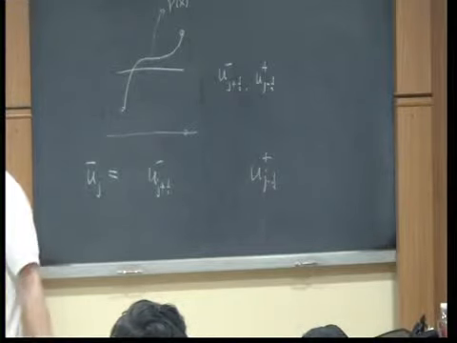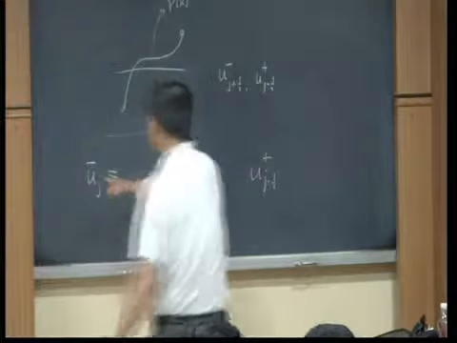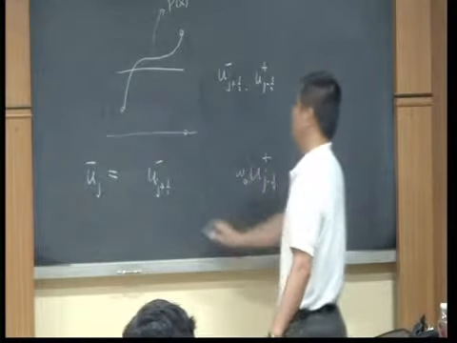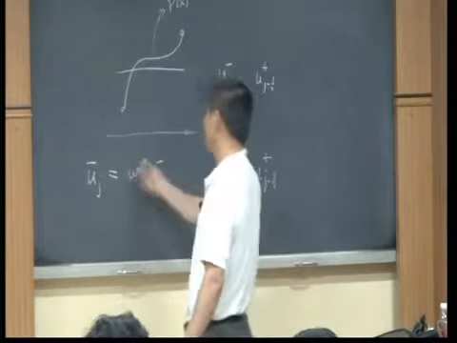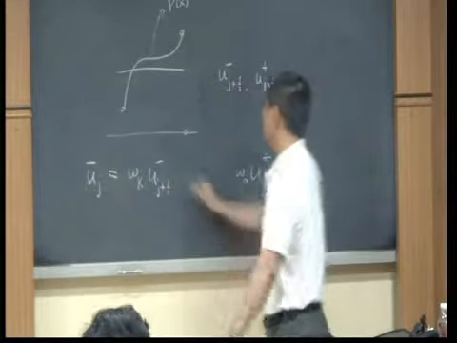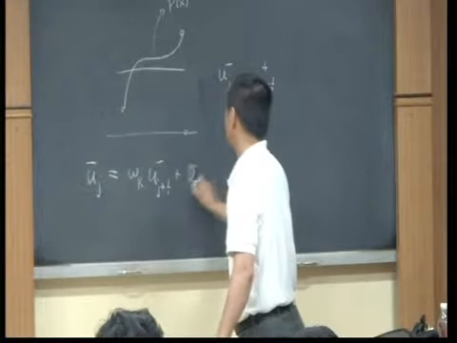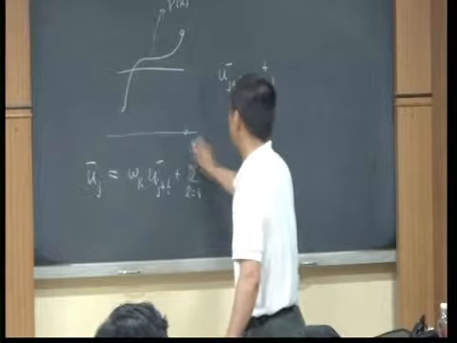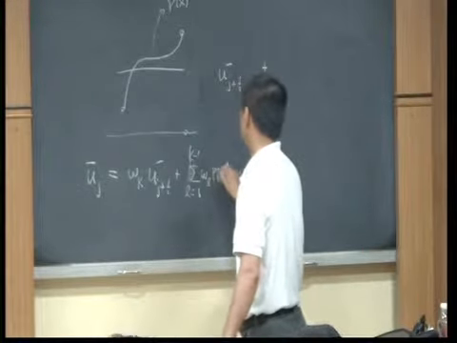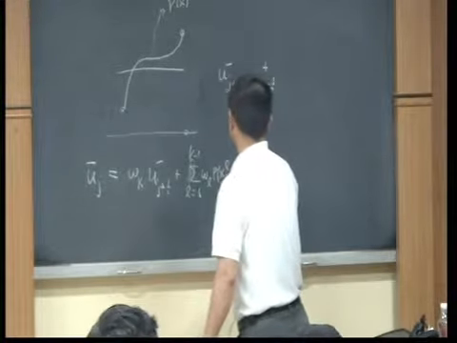So you use a suitable Gauss-Lobatto point, then this thing becomes omega 0, omega capital K, K points, plus some middle guy, plus summation of L from 1 to K minus 1 of omega L, P of X, J, L, plus.